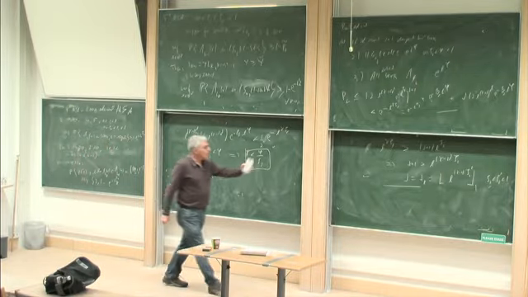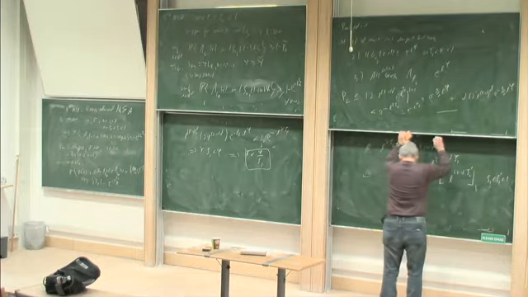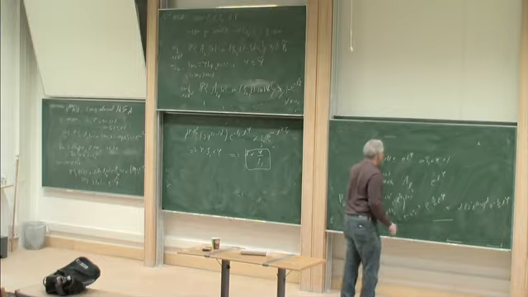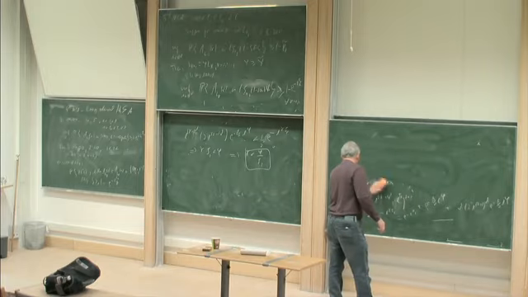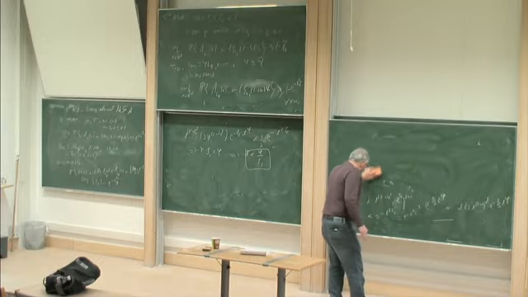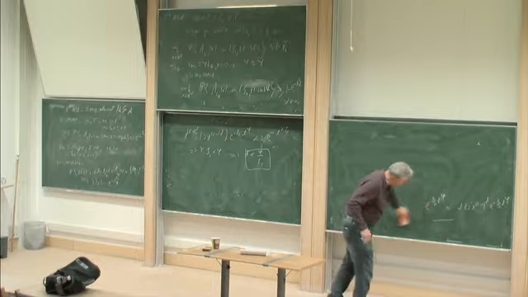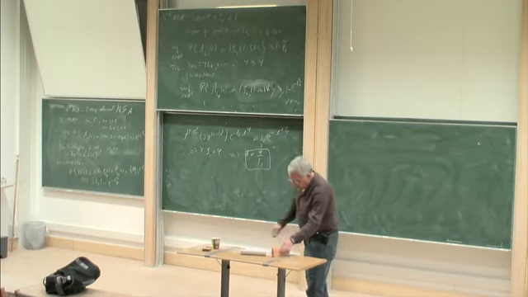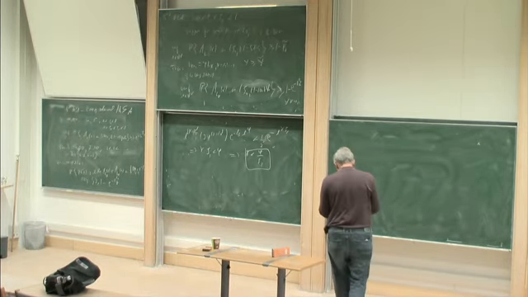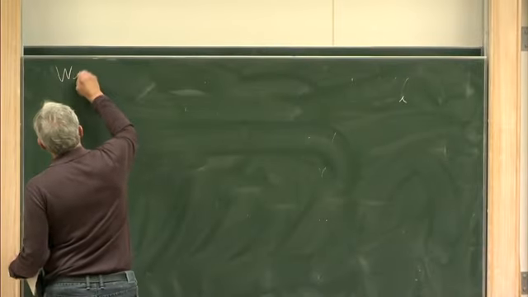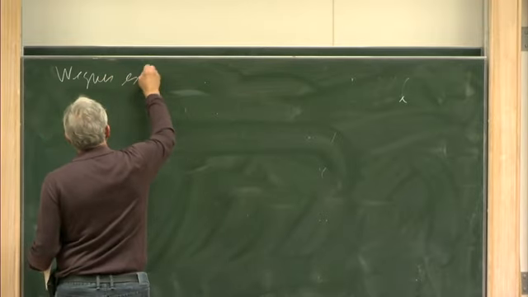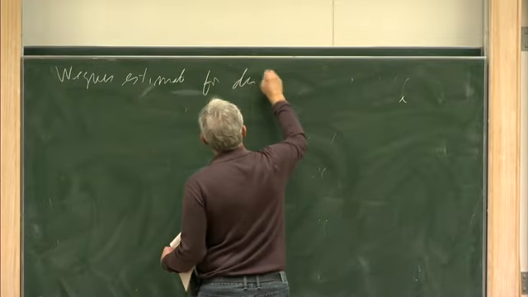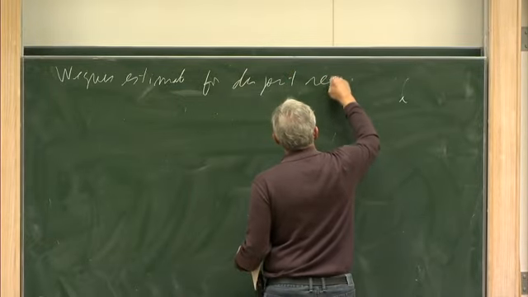So let me prove that today, and then I will use it tomorrow to try to finish this, and then I'll show how you extract localizations from the multiscale analysis. The idea that one is going to use is the so-called Wagner estimate for disjoint regions.